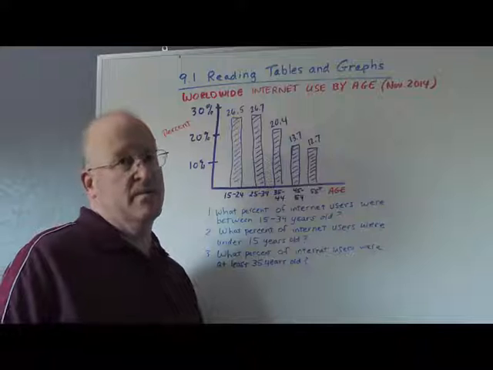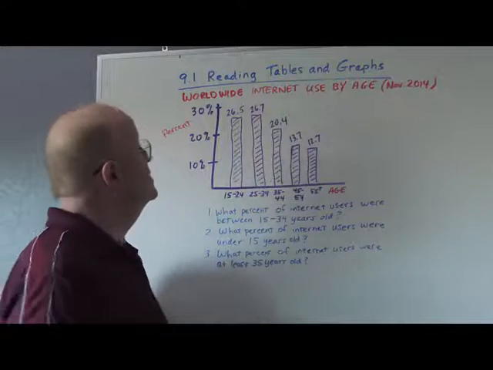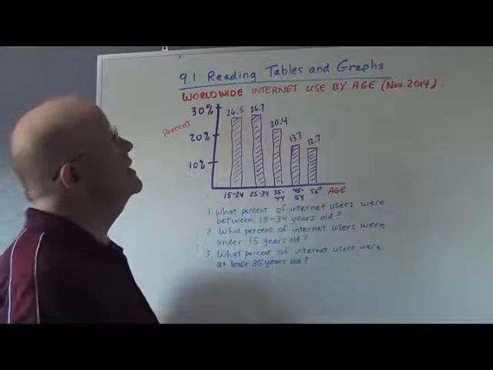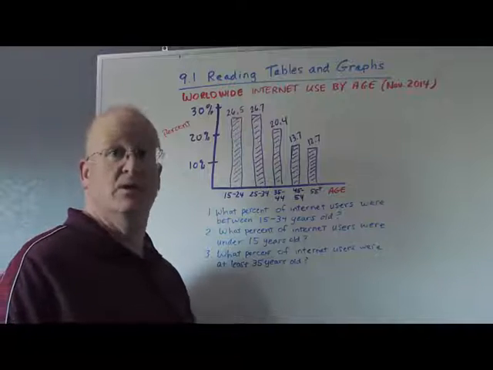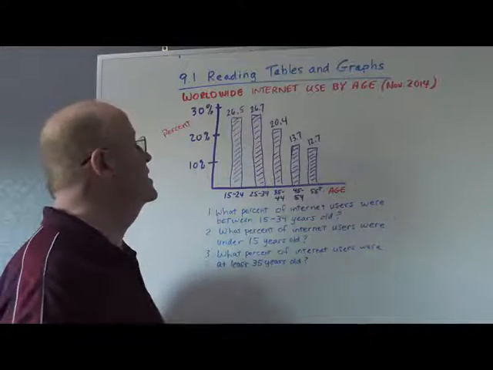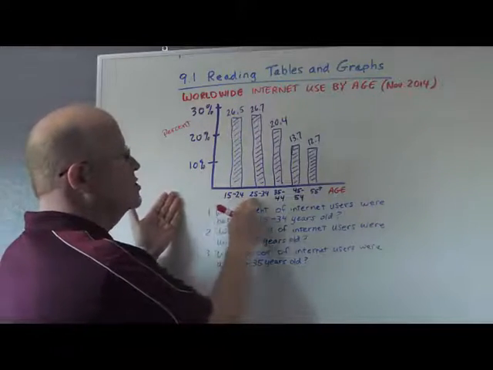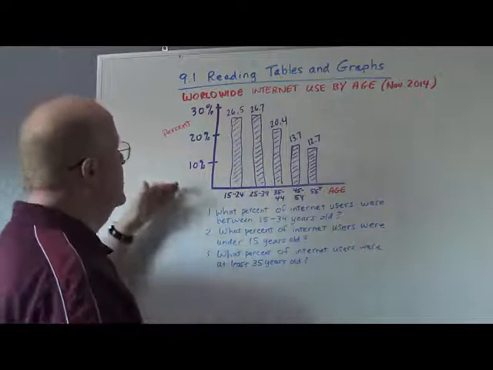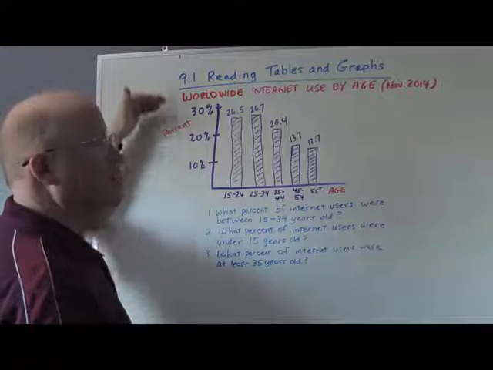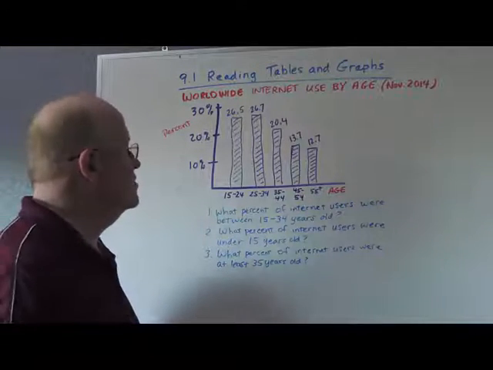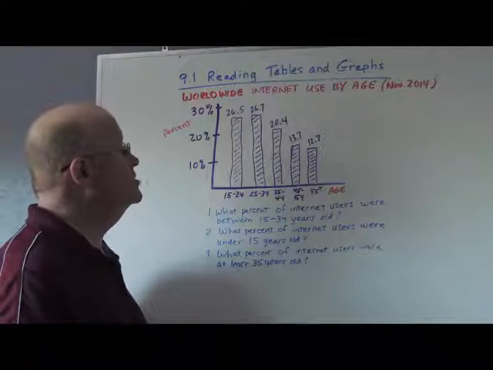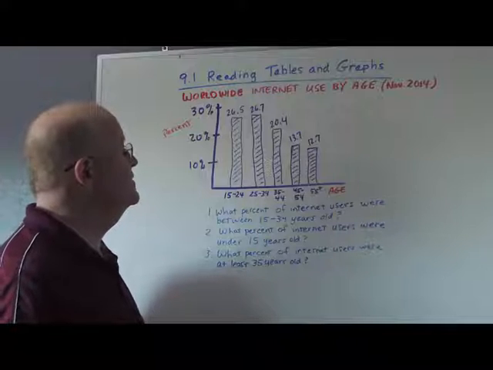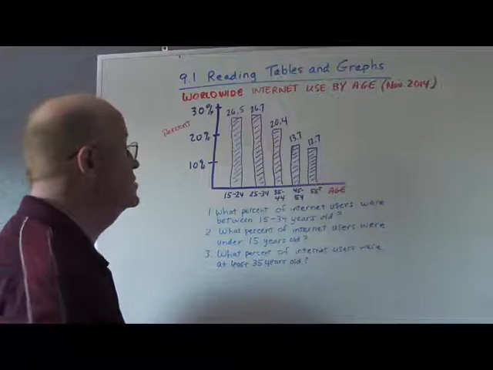Now let's read some information from a bar chart. This information is worldwide internet users by age in November 2014, and I have the different age categories surveyed across the horizontal axis, and I've got the percentages going up the vertical axis. The first question asks, what percentage of internet users were between 15 and 34 years old?